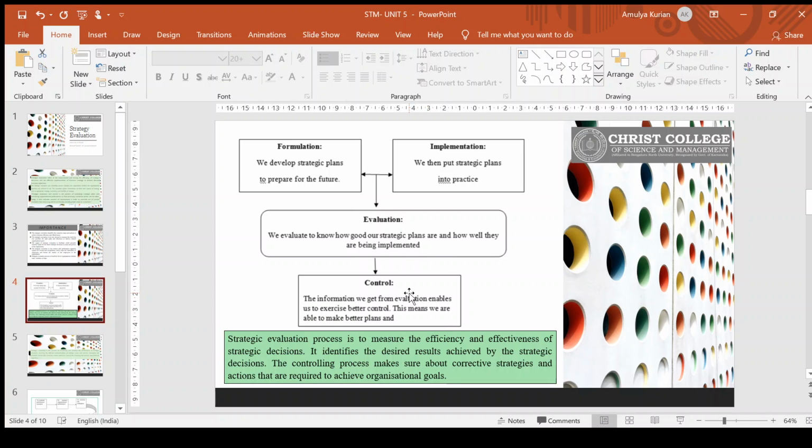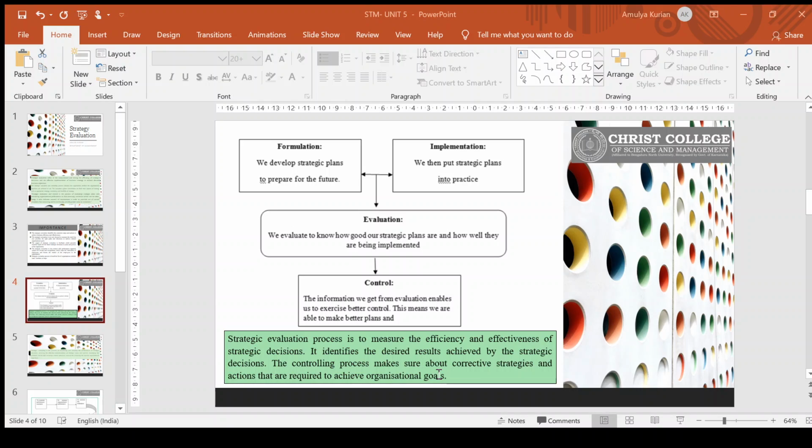If there is any need for better control or any corrective measures or actions, that will be dealt with in the controlling part. Strategic evaluation is a process to measure the efficiency and effectiveness of strategic decisions, and the controlling process makes sure about the corrective strategies and actions that are required in order to achieve the goals.